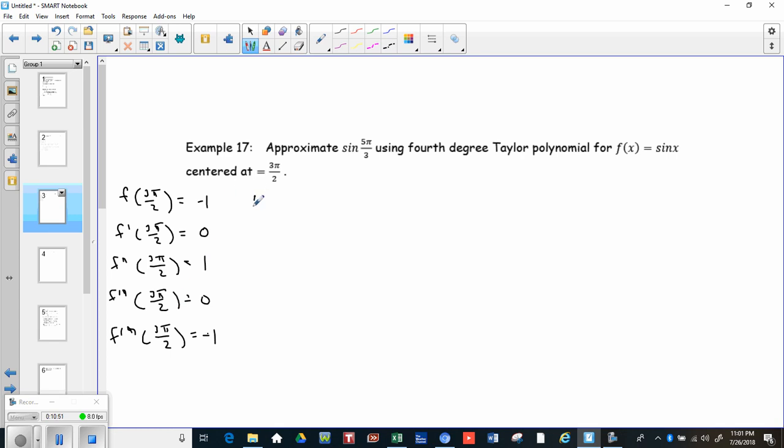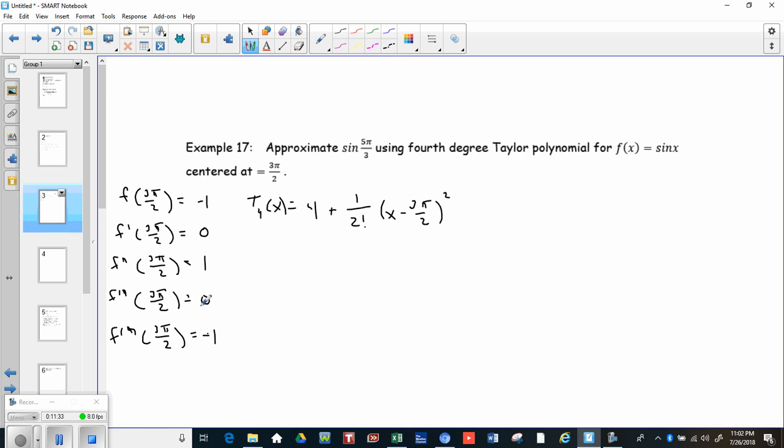So our Taylor polynomial of fourth degree: first term, negative 1, plus 0 over top of whatever is just going to be 0. Our next term is going to be plus 1 over 2 factorial, because it's the second derivative, times x minus the center, 3 pi halves, to the second power.